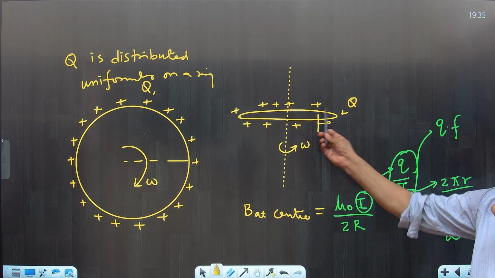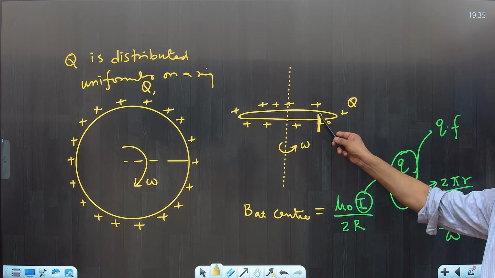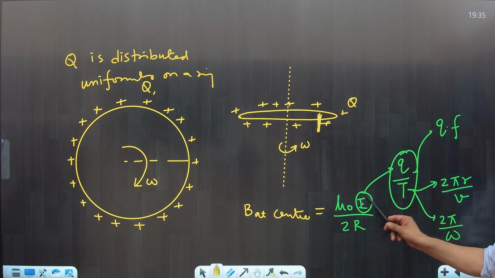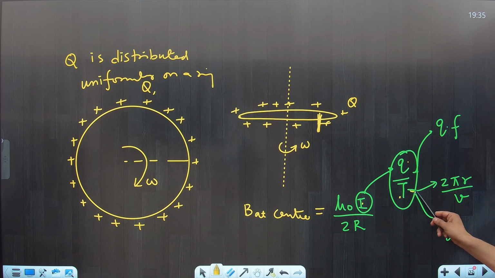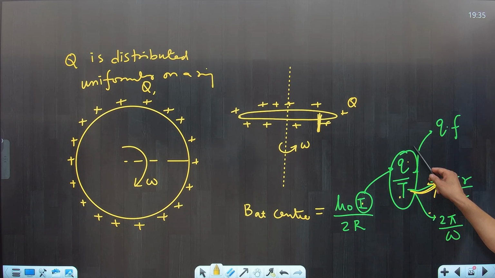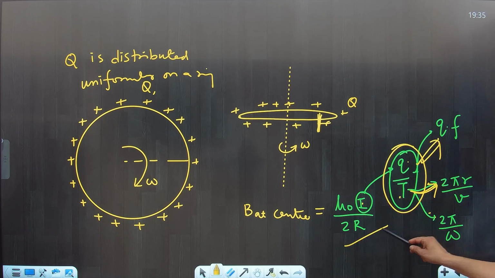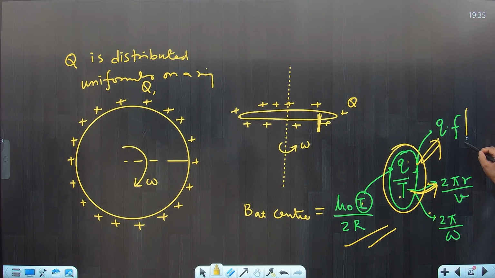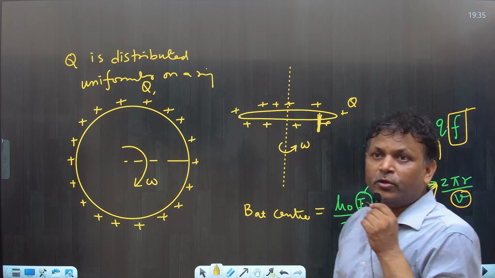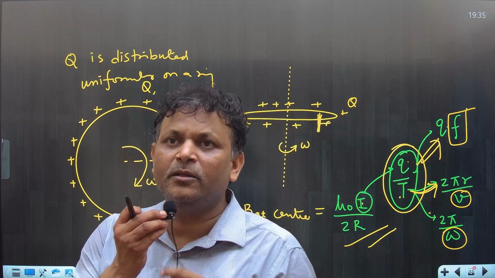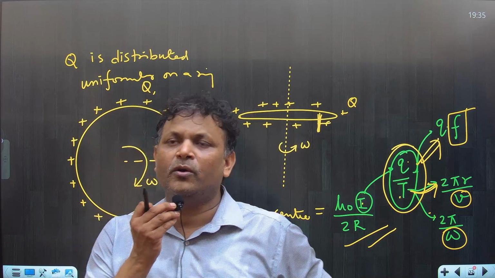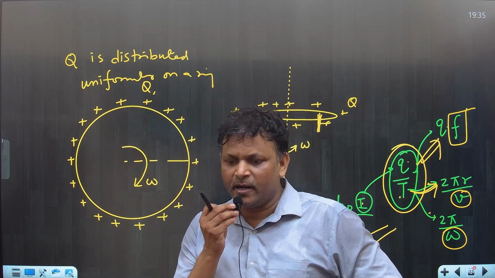Charge Q is passing one cross section in time T. So I is Q by T. In place of T you can write 2 pi r by v, or 2 pi by omega, or Q by T you can write Qf, and you will get different answers. You will get the same answer but in different terms, in terms of frequency, in terms of velocity, in terms of omega. So this was all about the magnetic field due to a current carrying wire at its center.